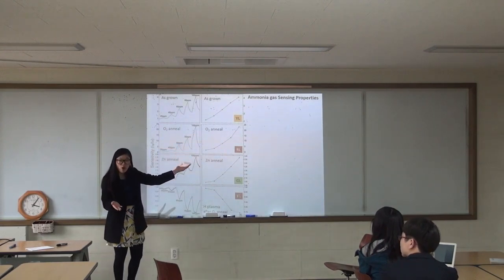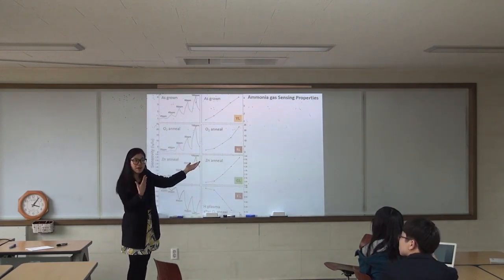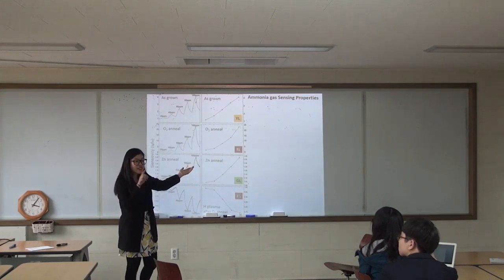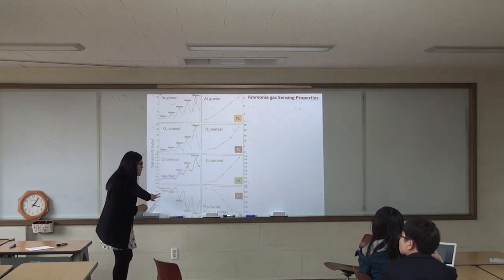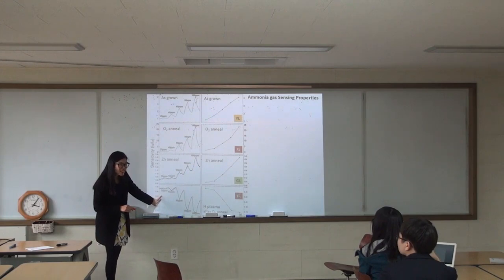It's normal, right? More ammonia, sensitivity is higher. But for the one that we did hydrogen plasma, it happened in the opposite way.